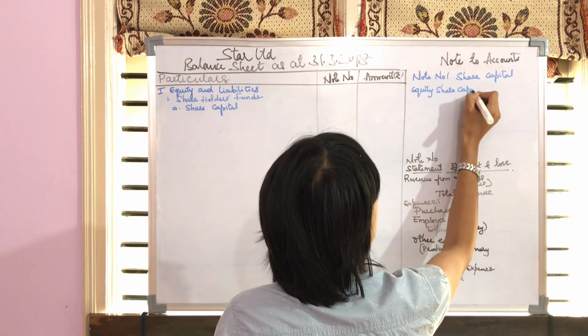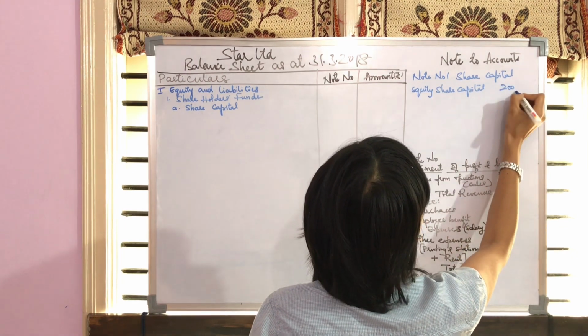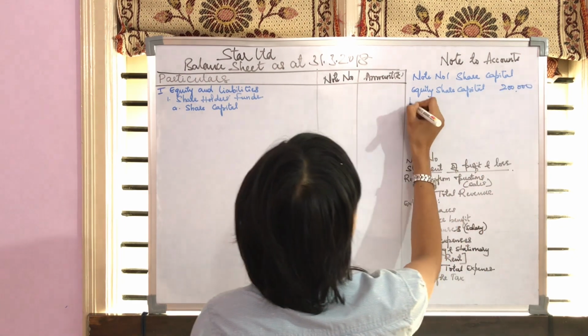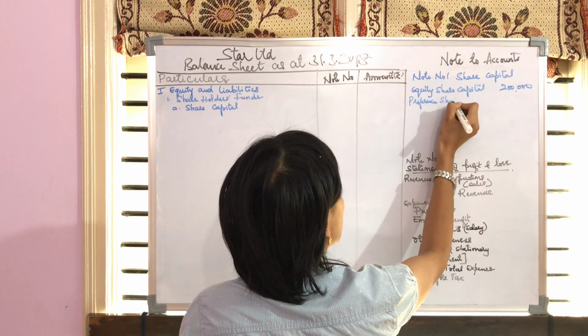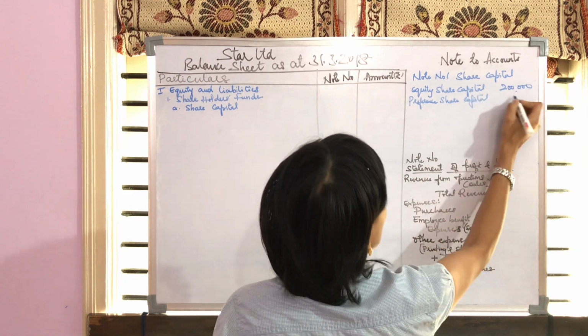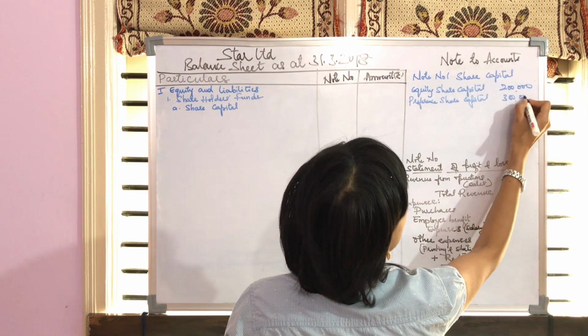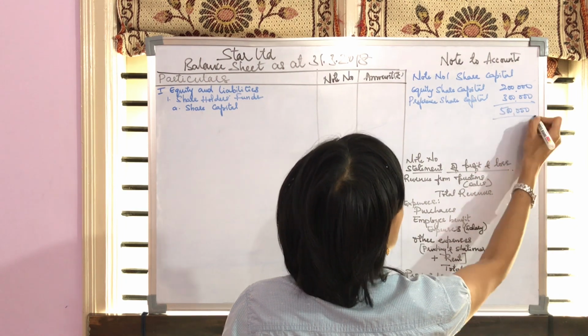Equity share capital 2 lakh. Preference share capital 3 lakh. Total 5 lakh.